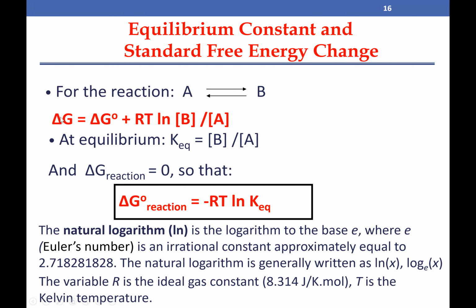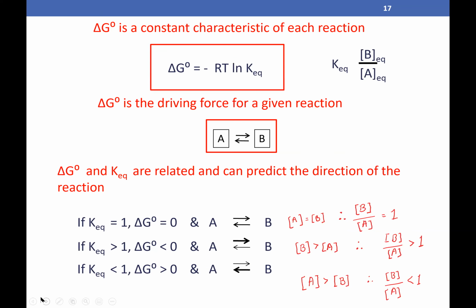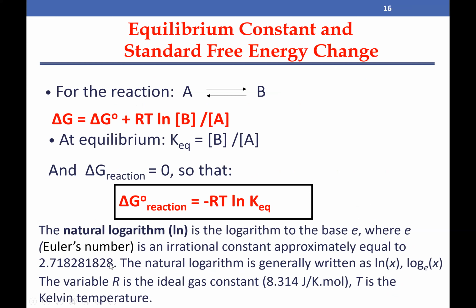So if I put 0 here, I can rearrange this equation to say that the standard delta G of a reaction is equal to negative RT ln of the equilibrium constant. And by the way, R is another constant here. R is the ideal gas constant. I think it's going to be there in the exam, so no need to memorize.